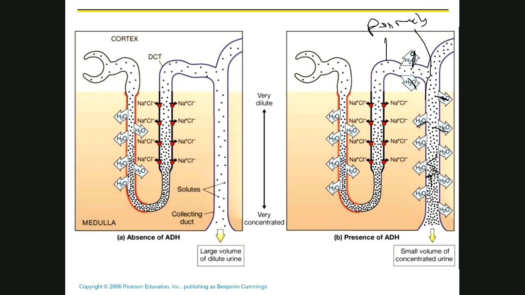So what I'm going to have is a small volume of highly concentrated urine. But if I don't have any ADH, this is impermeable to water. So the water can't cross the membrane. Even though I'm going through here, the water can't get out, and so the water stays in the tube. And so what I'm going to have is a large amount, and it's going to be very dilute.